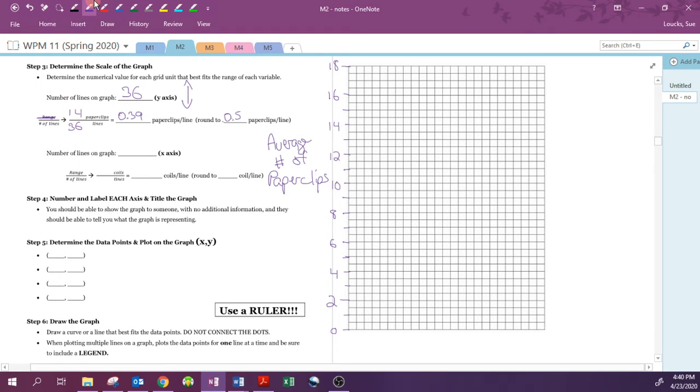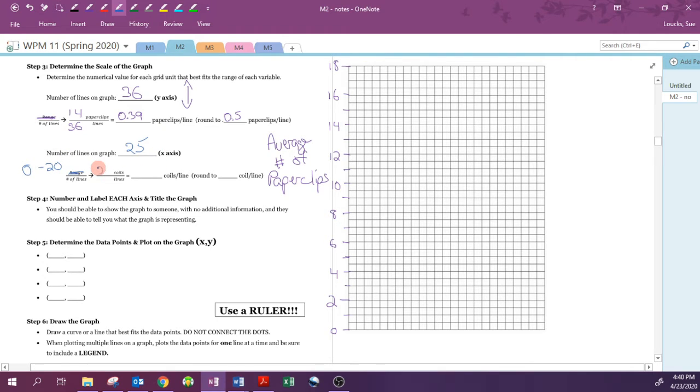Okay, all right, and now I'm going to switch colors and do the x-axis. That's this x-axis here, and there are 25 lines on the graph, and our values on the x-axis go from 0 to the highest, which is 20.